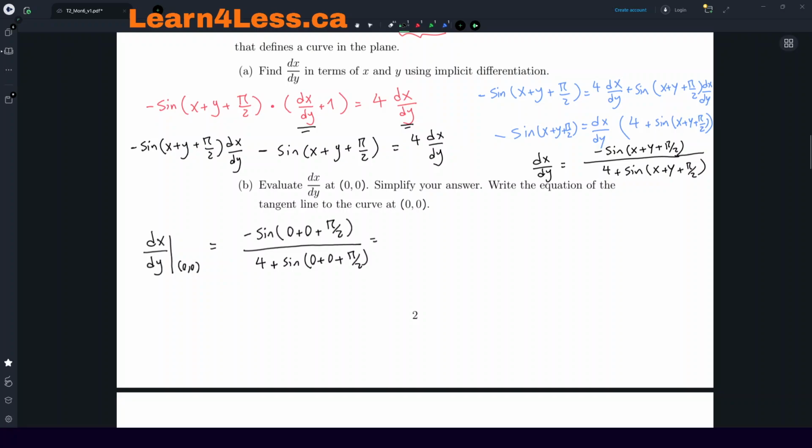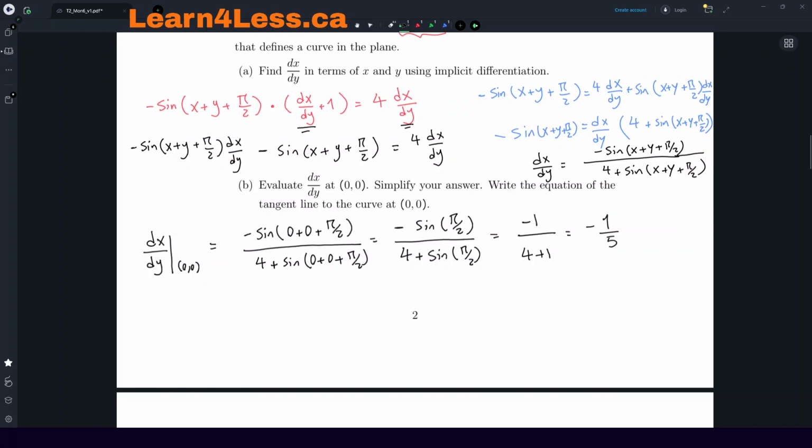Now what I get here is negative sine of pi over 2. I highly recommend memorizing the sine of pi over 4, pi over 2, 3 pi over 4, all the multiples of pi over 4. And the denominator would be 4 plus sine of pi over 2. Sine of pi over 2 is basically 1, so I get negative 1 over 4 plus 1, which is negative 1 over 5.